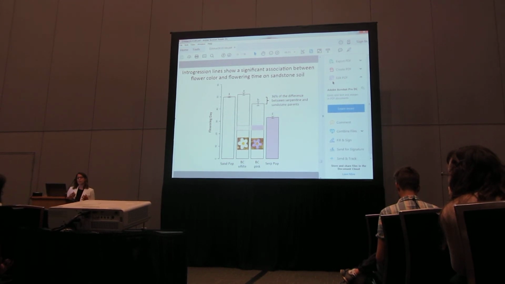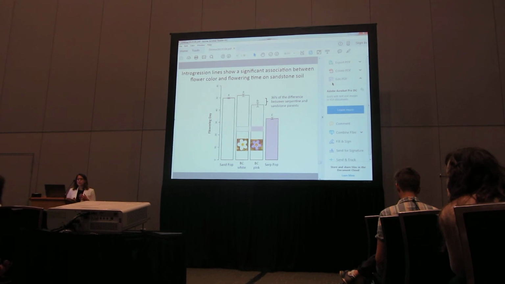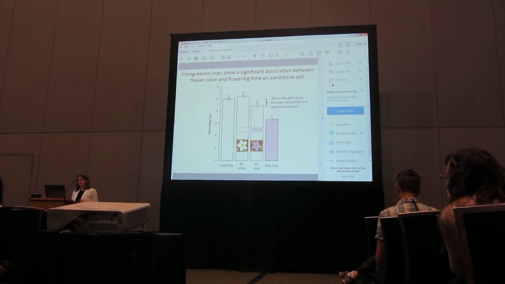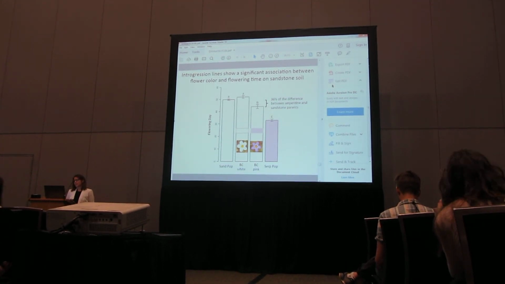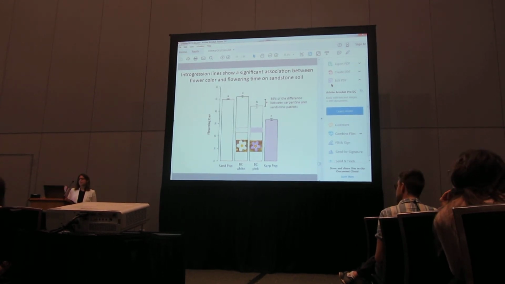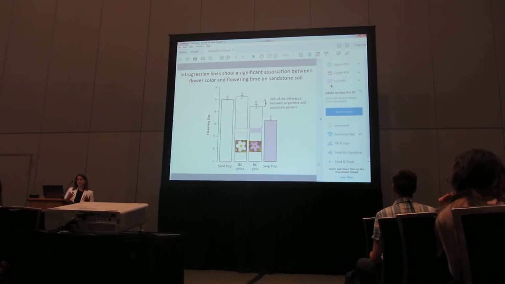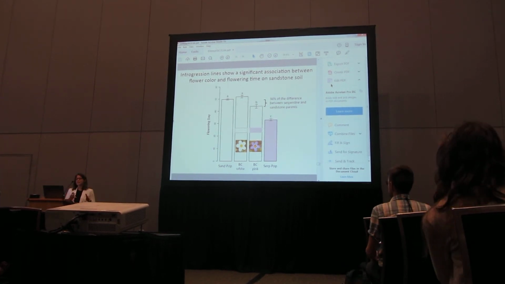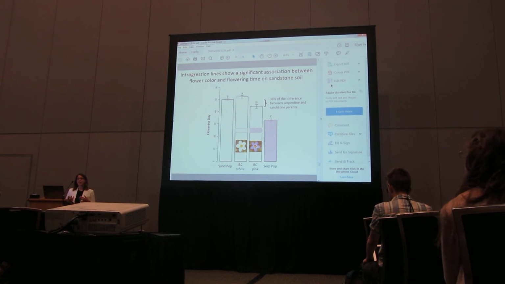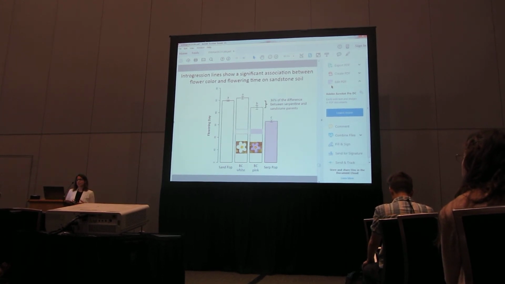So right now I can only measure the pleiotropy and fitness on plants that survive to flower with these lines. And I'm working on making better near isogenic lines that are homozygous, so that I know the genotype before flowering. But on sandstone soil where there's high survival, I can look at relationships between this genomic region and traits or fitness.